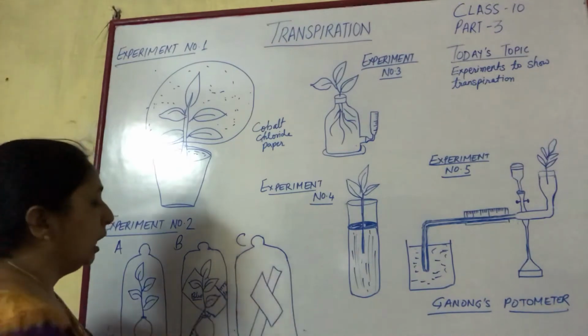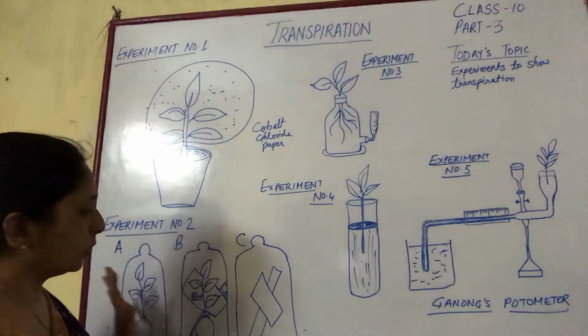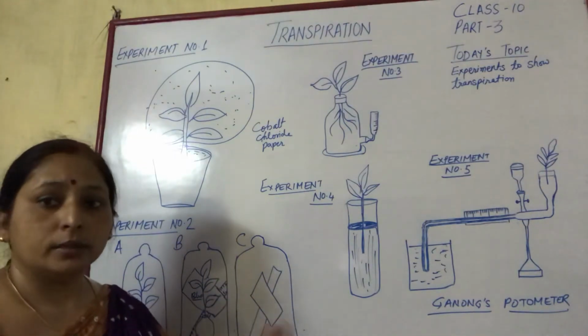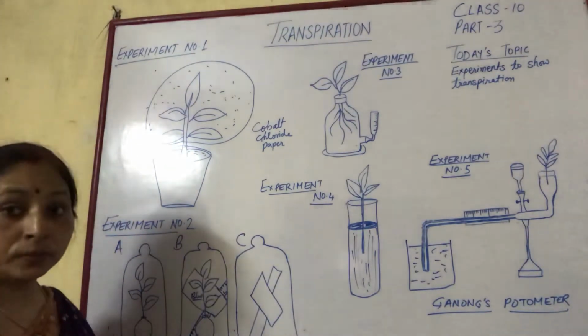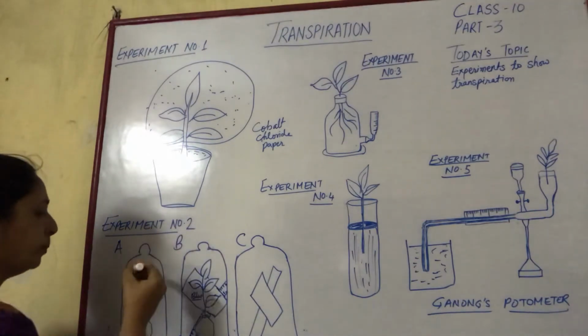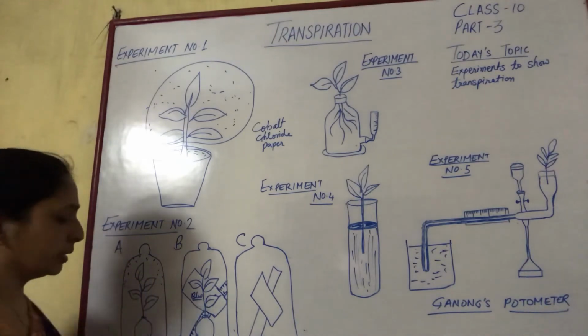All these 3 bell jars are kept in sunlight for 1 or 2 hours. After some time, what we observe is that in experimental setup A, water droplets can be seen on the surface of the bell jar.